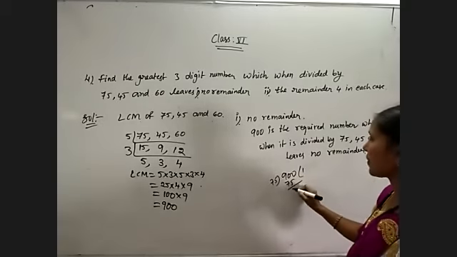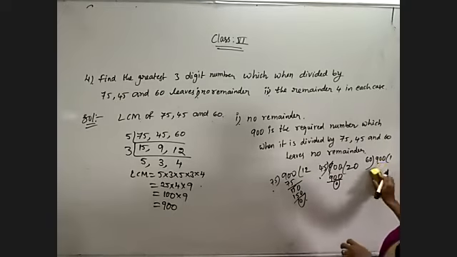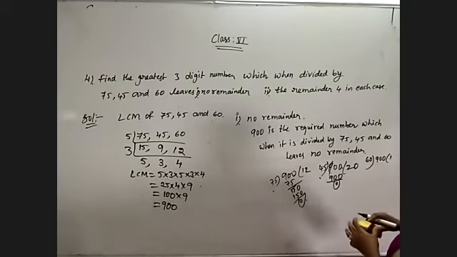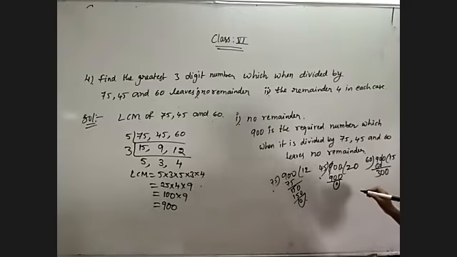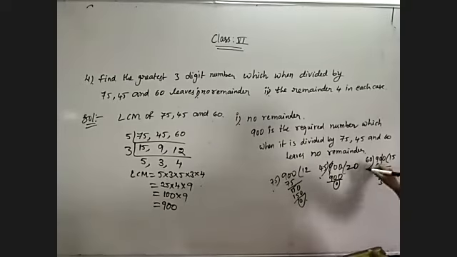Then coming to 60. 60 ones are 60, 90 minus 60 is 30, take another 0, 300, 60 fives are 300.